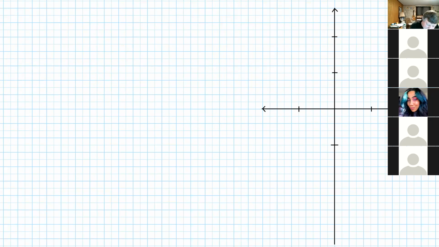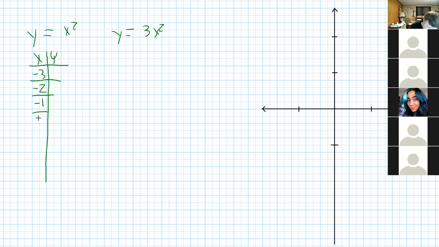So if we have a graph, one other thing, let's compare y equals x squared to y equals 3x squared. What's that going to do? -3, -2, -1, 0, 1, 2, 3.